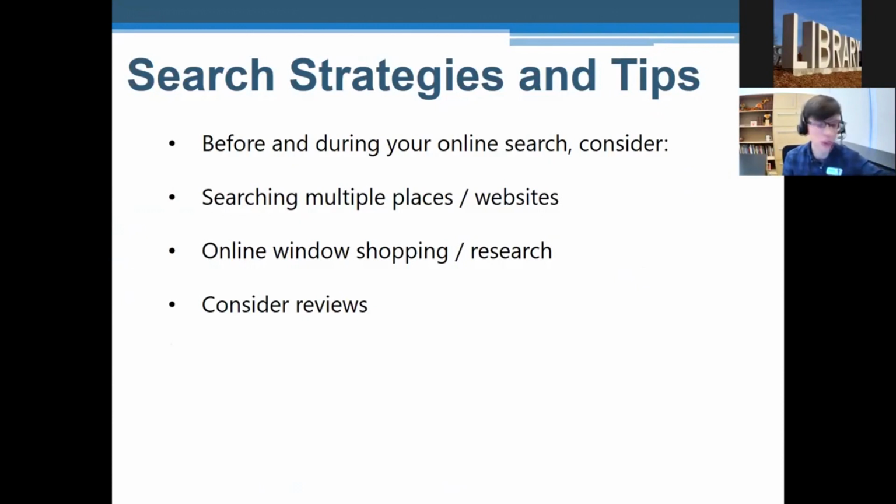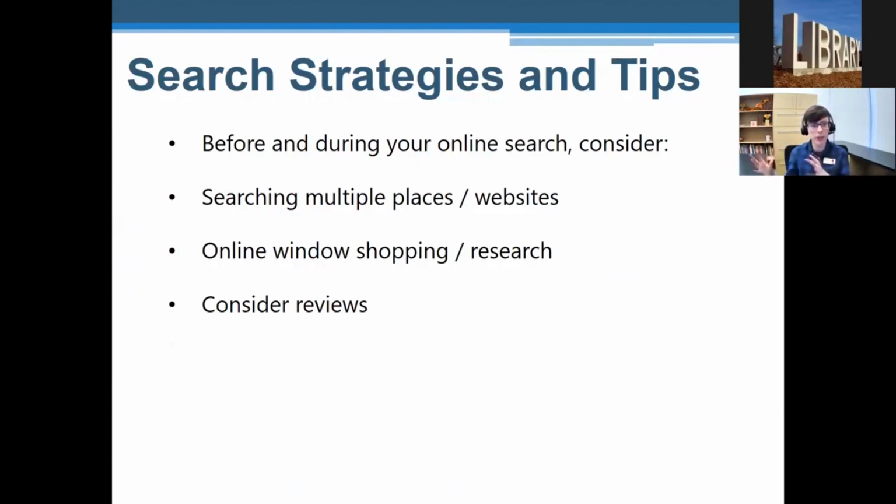Okay, so before we get into the actual searching and shopping safely online, there are a few things you want to consider before doing all that. You probably want to do a little research before you're buying. So you'll probably want to search multiple places or websites. Say you're buying, for instance, a washing machine, you might want to search multiple websites to see what the differences are.